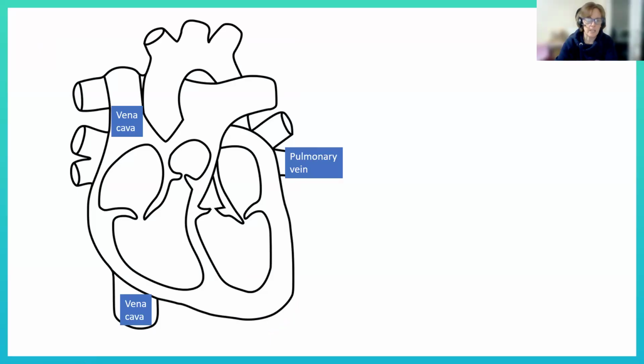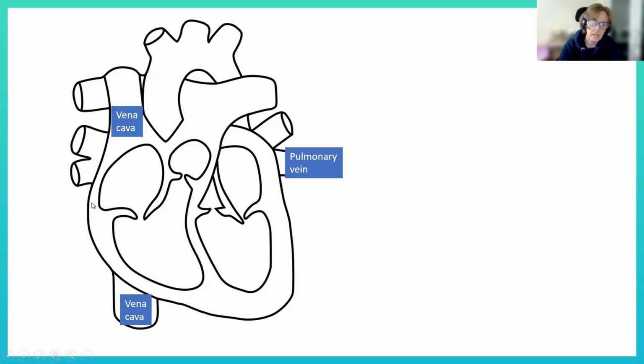So what you can see on this diagram is the heart. And the first thing I should tell you here is there's a line through the middle. If you can look at this line, you can follow it through. It divides the heart in two. That's called a septum. That's the division between the two sides. So this is the right side, and this is the left side, which you might have noticed if you're paying attention is not the left and right side of the screen.